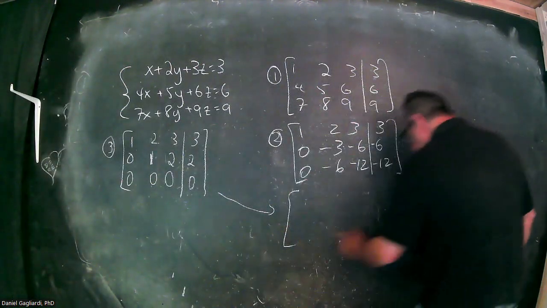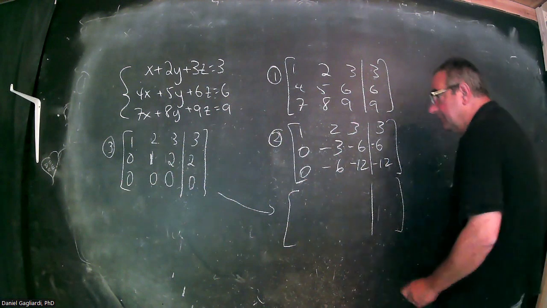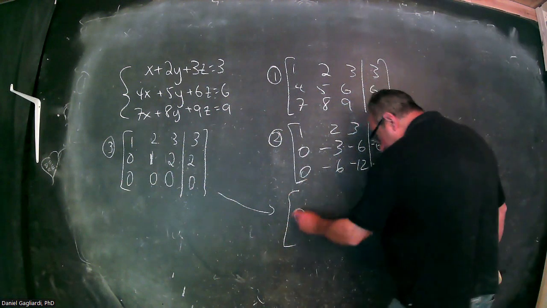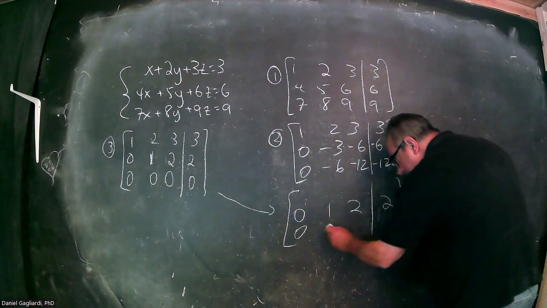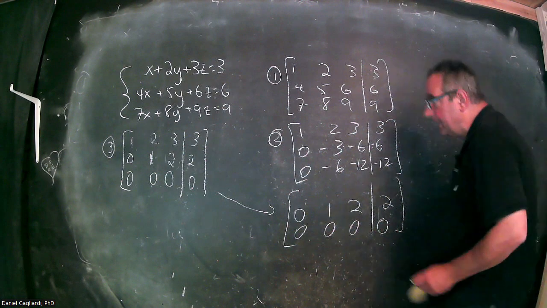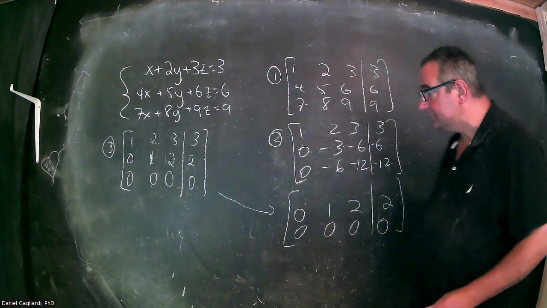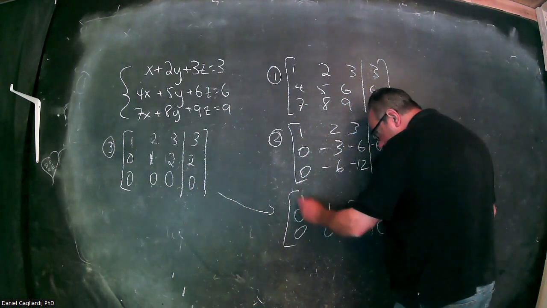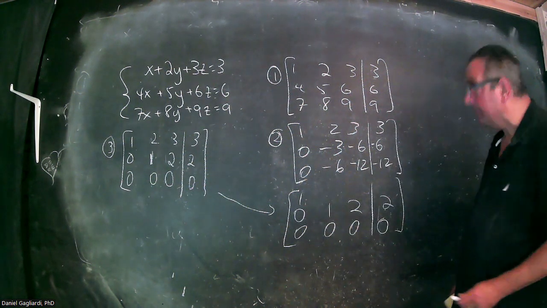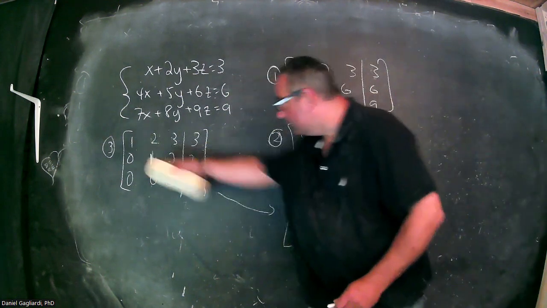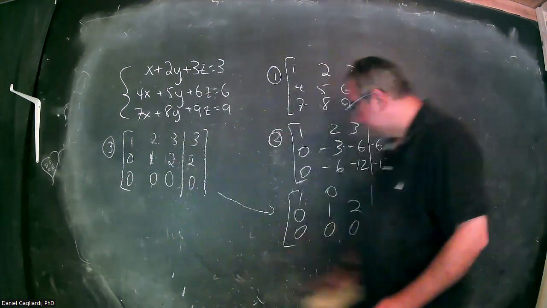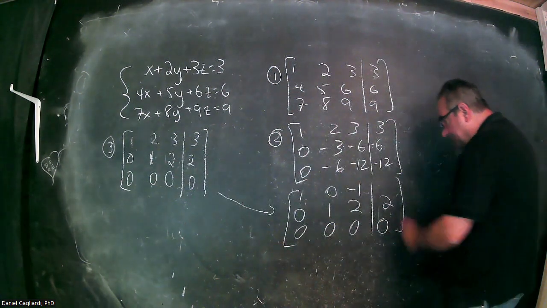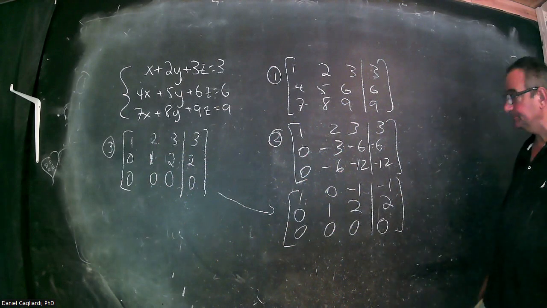Row 2 stays intact, 0, 1, 2, 2. Zeros in the bottom row, and then we have row 1 minus 2 row 2s. Well, 1 minus 2 zeros stays a 1, and that's a good thing. Then 2 minus 2 1s is 0. 3 minus 2 2s is negative 1, and so we get a negative 1 here.